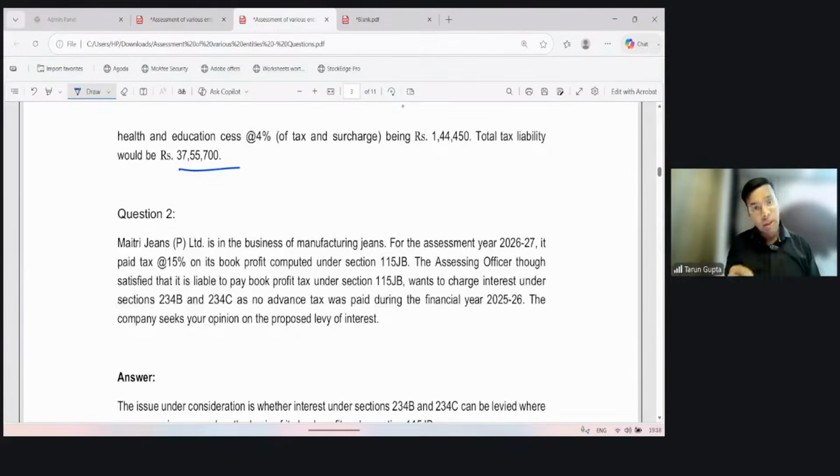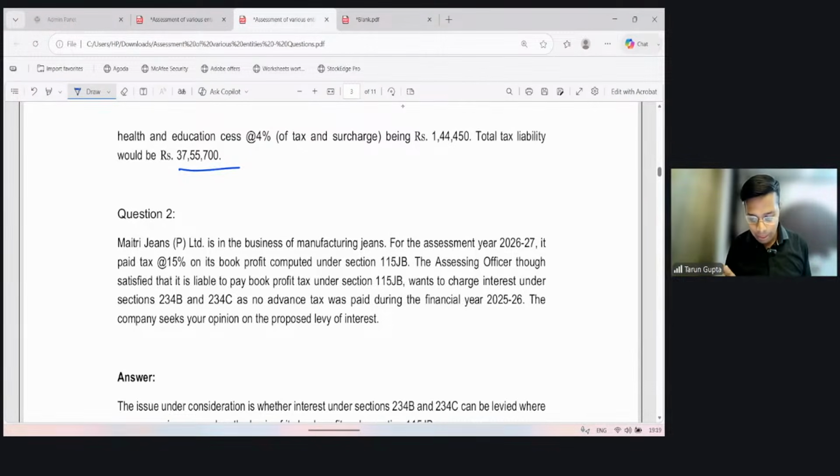The AO, though satisfied that it is liable to pay book profit tax under section 115JB, wants to charge interest under section 234B and C as no advance tax was paid during the financial year 25-26. So the AO agreed that the company is liable to pay tax under MAT, but says since you have not paid advance tax, you are liable to pay interest under section 234B and C as the case may be.